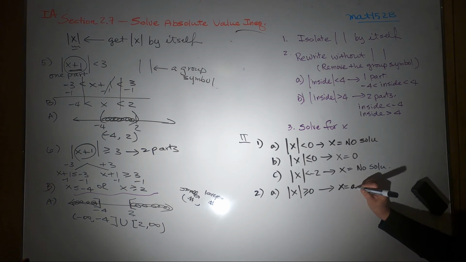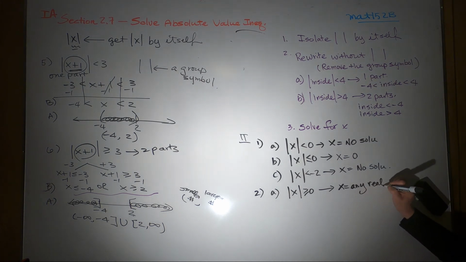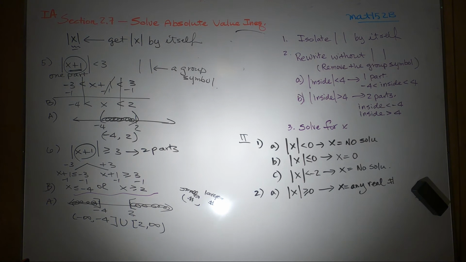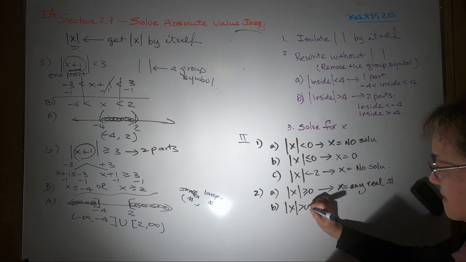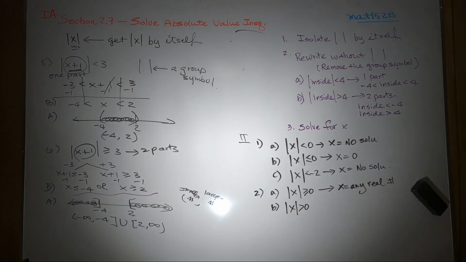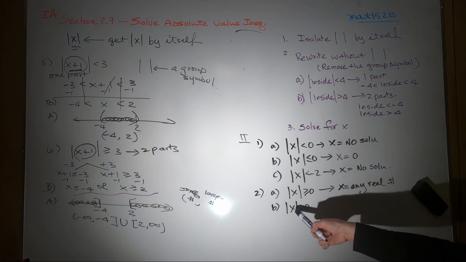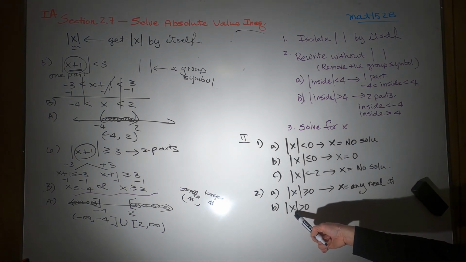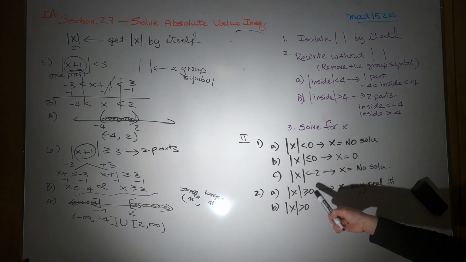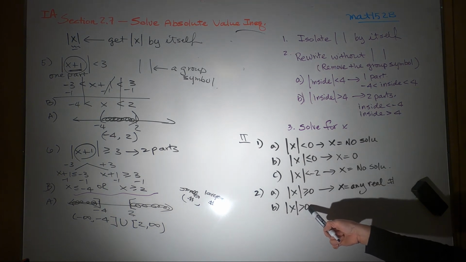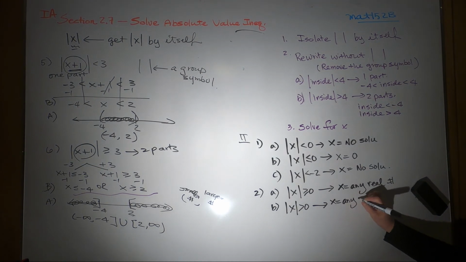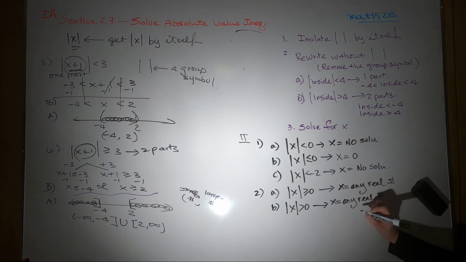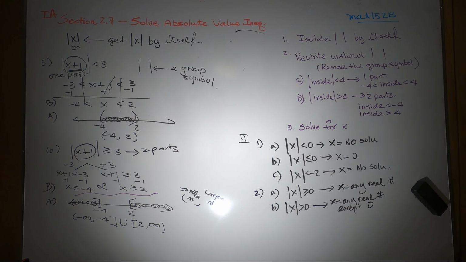So your x is what? Any real number, right? Of course, that's absolute value. If absolute value greater than 0, what do you think? Yes, but can x be 0? Usually, sometimes, yes. But other numbers, positive, negative, all bigger than 0. So x can be what? Any real number, except what? It cannot be 0. Not 0 there, right?